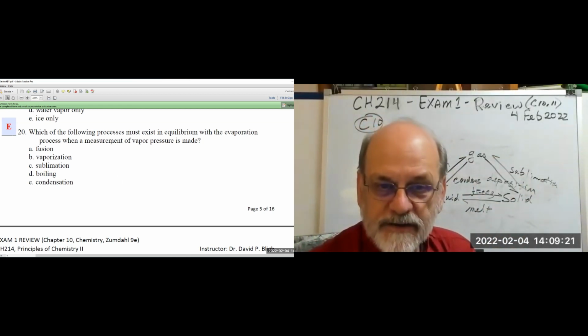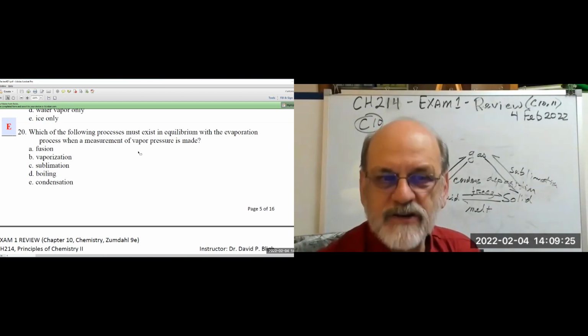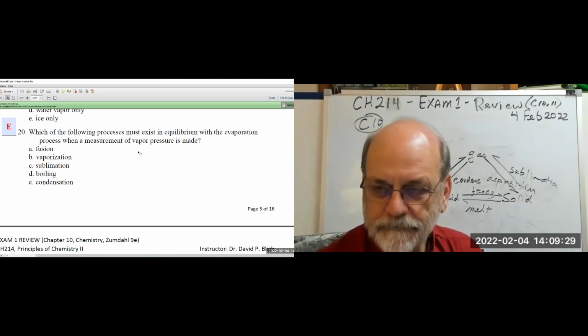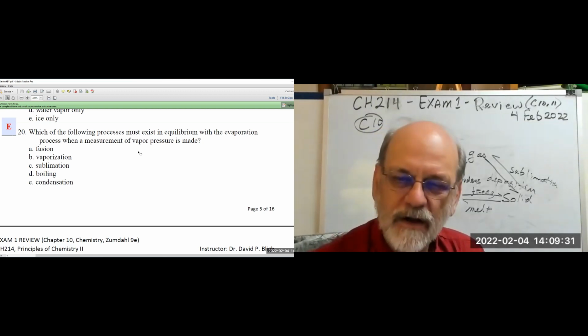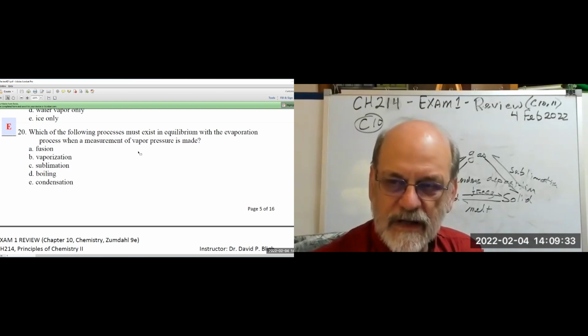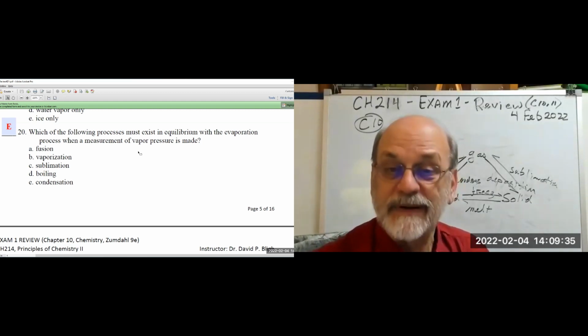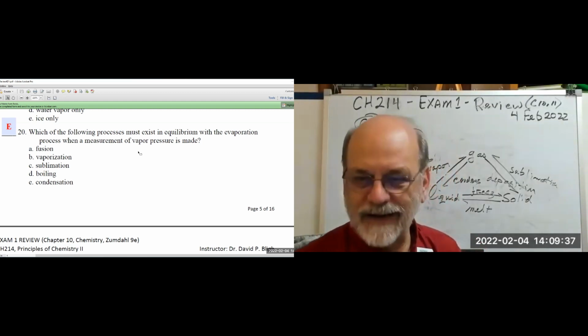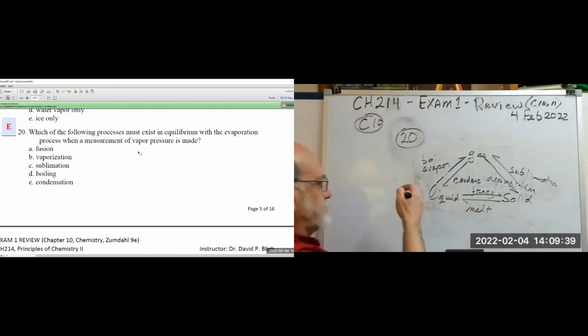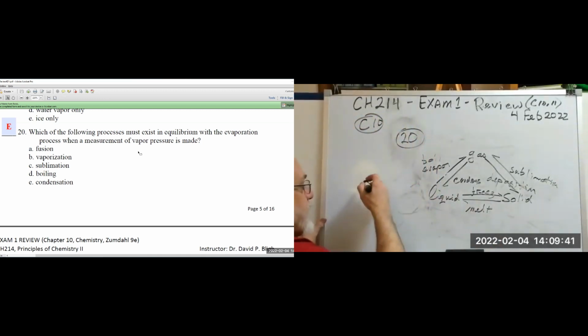Which of the following processes must exist in equilibrium with evaporation when a measurement of vapor pressure is made? So what's going on when vapor pressure is being exhibited above a liquid? If you've got a container here, you got a liquid down here, right?